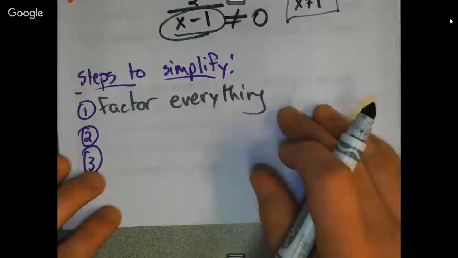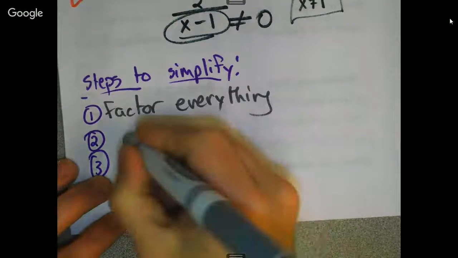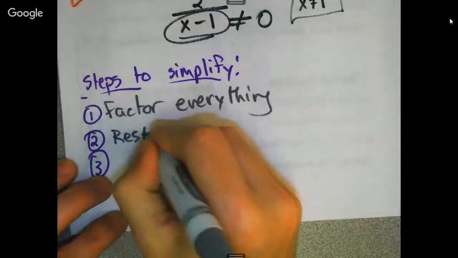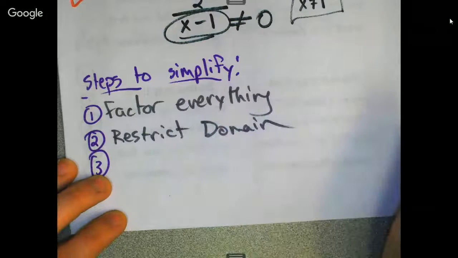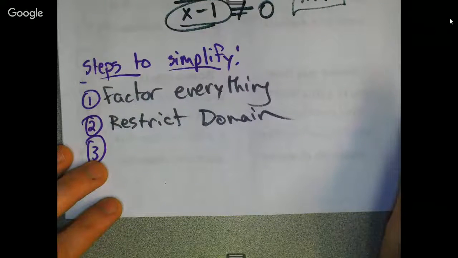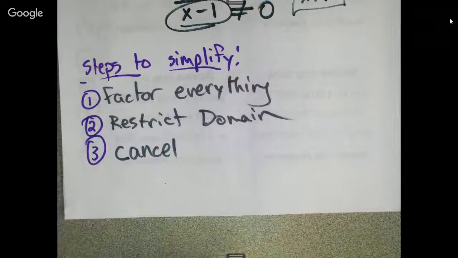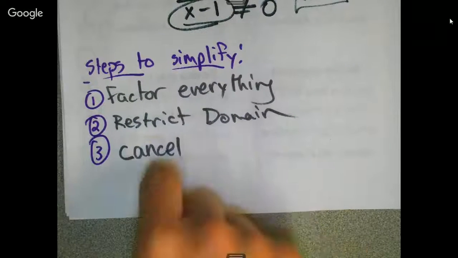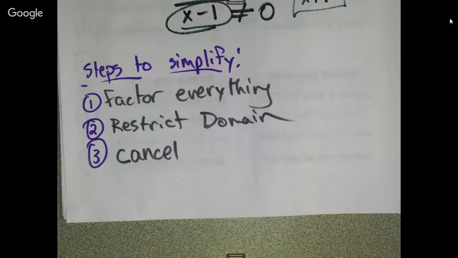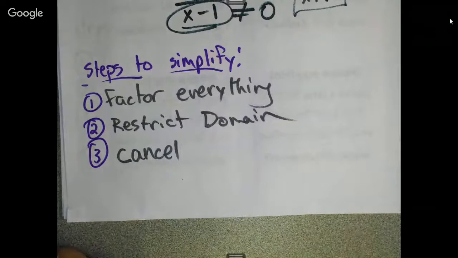You apply them to both the numerator and the denominator. Step 2 is restrict the domain. And then step 3 is simply cancel. Super easy. So factor everything, restrict the domain, and cancel everything. The restricted domain is part of your answer.